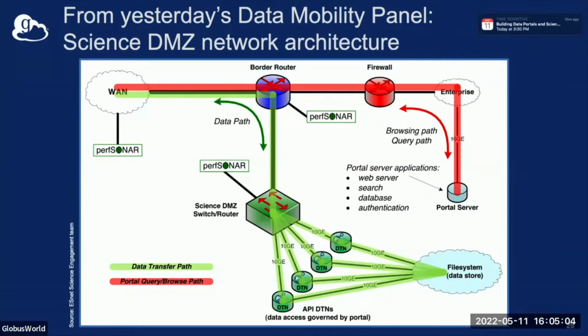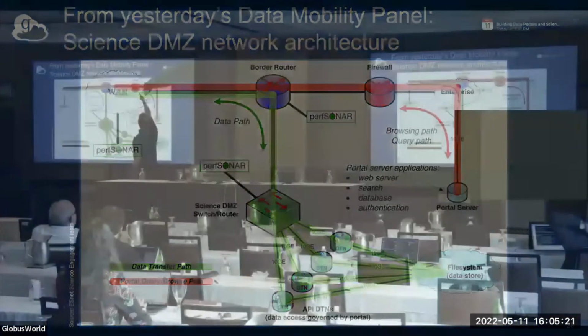I just wanted to remind you of this picture. I'm not going to go into the details of it, but this was the Science DMZ architecture. The key here is your border router, and not putting all of this machinery, all of these fast DTNs, behind, whoa, didn't realize that, behind your firewall.